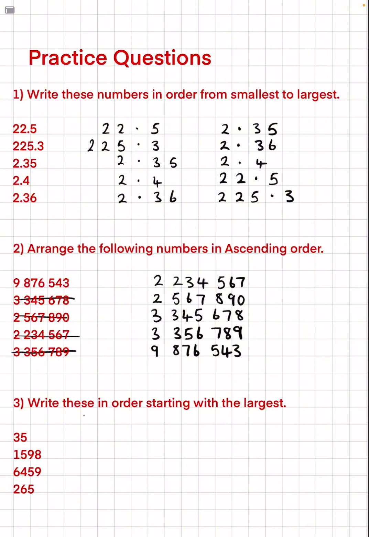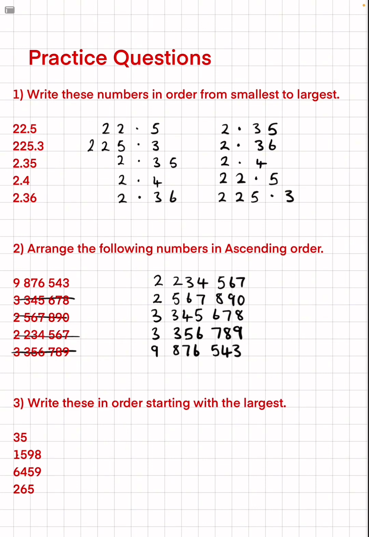The next question says, write these in order, starting with the largest. First, we need to compare the number of digits. We have 2 digits, 4 digits, 4 digits, and 3 digits. These two numbers have more digits, so the largest number will be out of these two. Both of these numbers have the same number of digits, so we can start by comparing each digit, starting from the left.